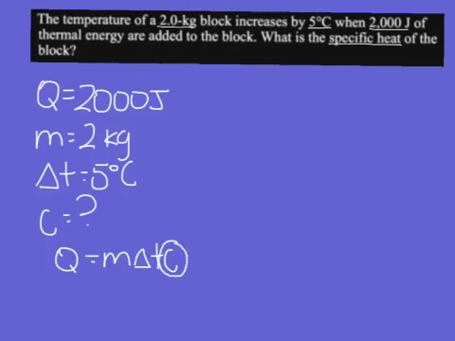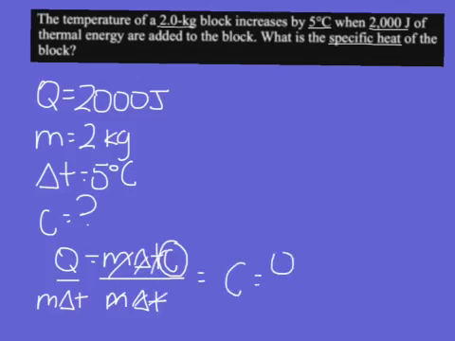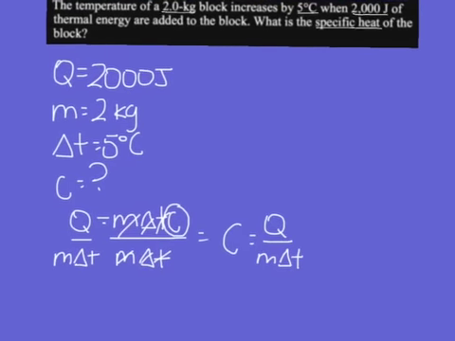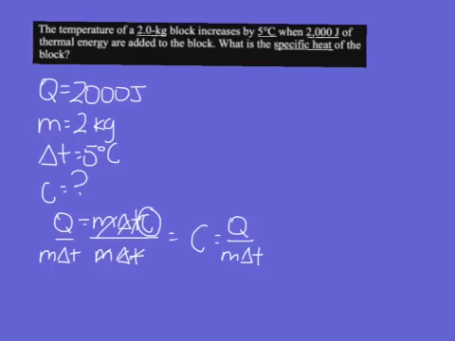First, write down the original formula. Let's circle what we want to find. And now we're just going to divide on each side, because the equal sign means to do the same thing on each side. So now we just cross things out, which gives us C equals Q divided by M times change in temperature.